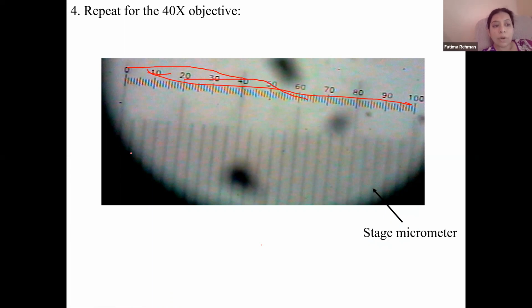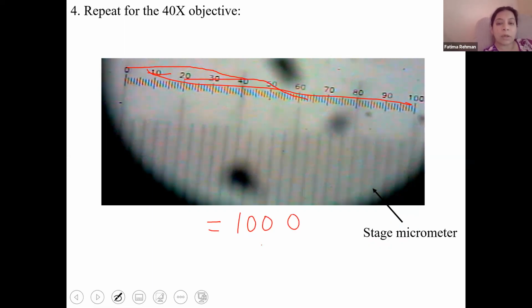But now you only see a portion of your stage micrometer because you have magnified it 400 times. So when you're doing your equation this time, you will see the entire length of your ocular micrometer, so all 100 ocular units, but you're only going to be seeing 25 stage units.